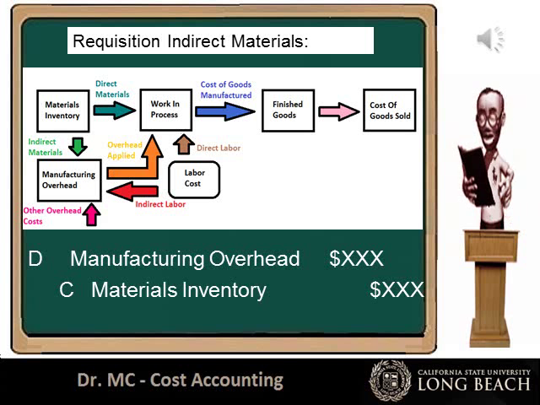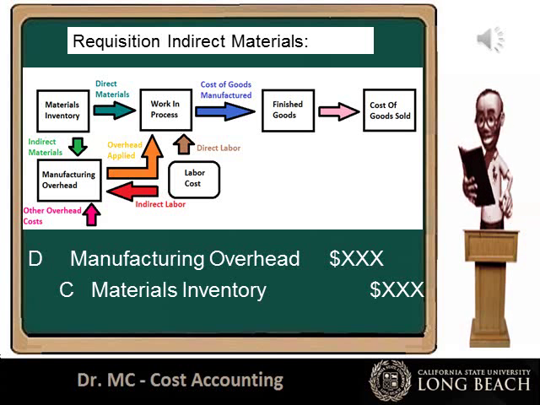In other words, everything else goes indirectly into work in process after first going into manufacturing overhead. Because indirect materials does not have direct in its name, it goes into manufacturing overhead, as is indicated by the green arrow. Although manufacturing overhead does not appear on a balance sheet at the end of the year, it behaves like an asset. Thus, you are transferring an amount from one asset account to another account.